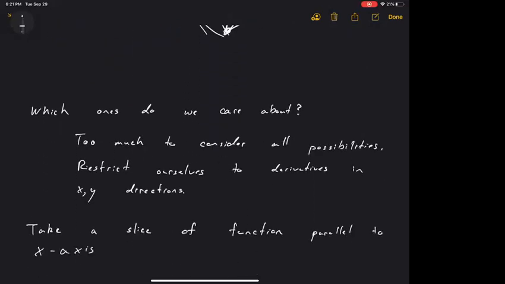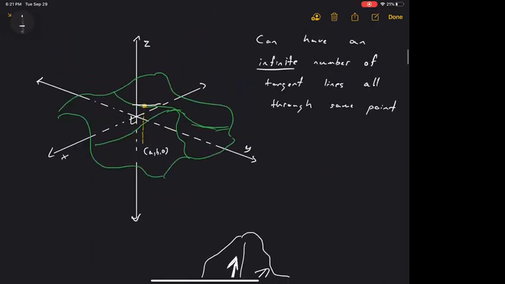Which directions do we care about? Well, in this section, I'm going to restrict myself to tangents in the direction of x and the direction of y.